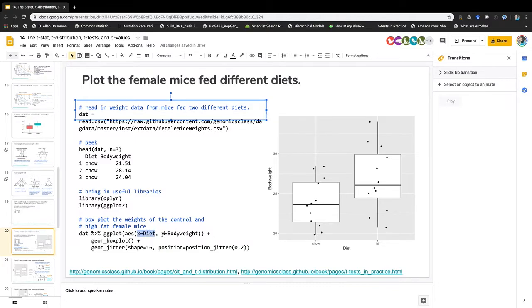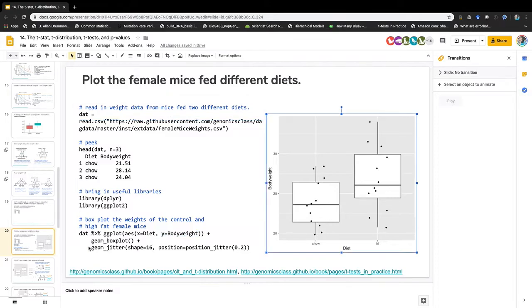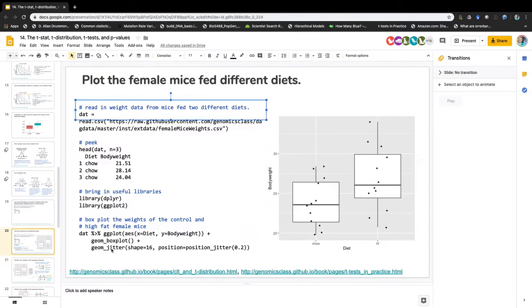So that's why it's x equals diet. And the y-axis that's going to comprise the values for the box plot is the body weight. We're going to make a box plot, and then we're going to put the actual data points on top of the box plot so we can sort of see what drives the interquartile range and the variance and everything that is reflected in the box plot. Okay?